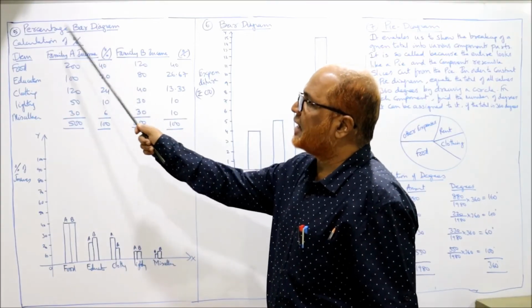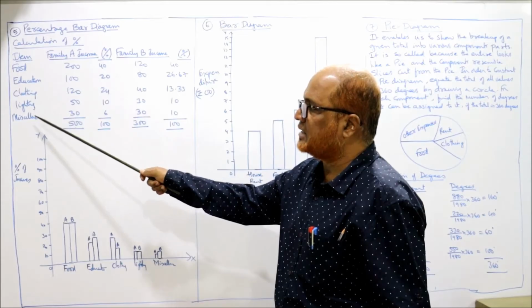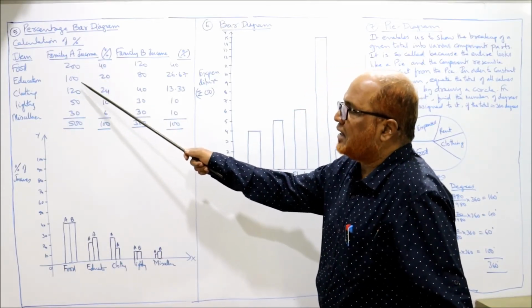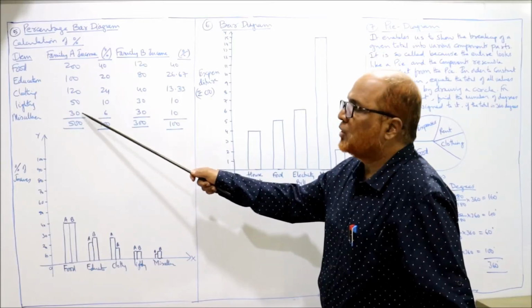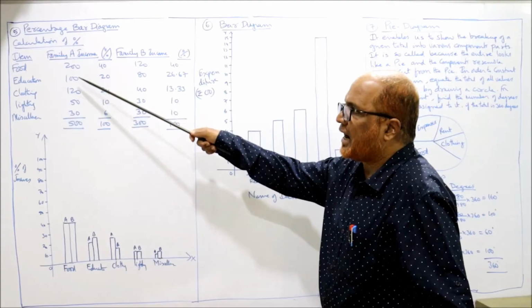For the percentage bar diagram, calculation of percentage. Items are food, education, clothing, lighting, miscellaneous. Family A expenditure is 200, 100, 120, 50, 30. Total income 500. Out of 500 this expenditure is incurred on different items.